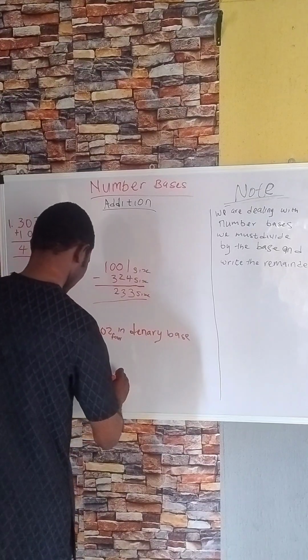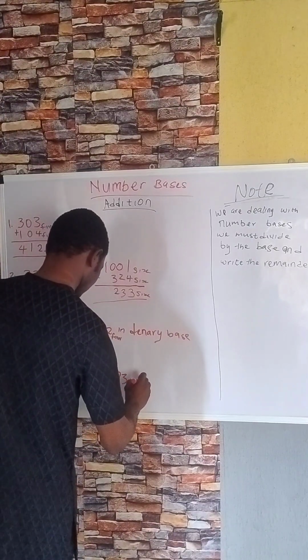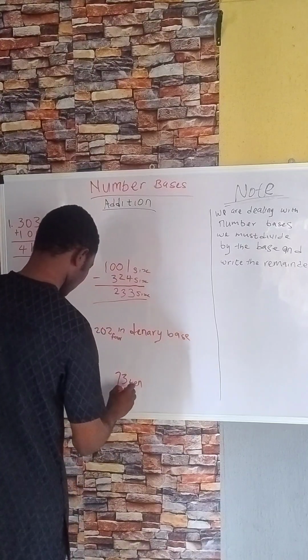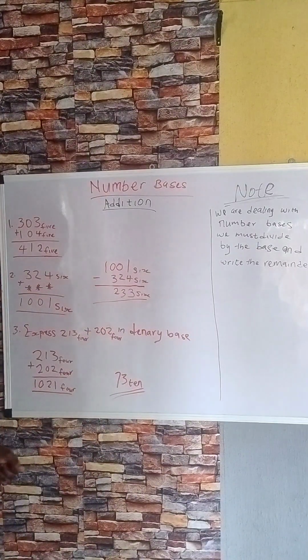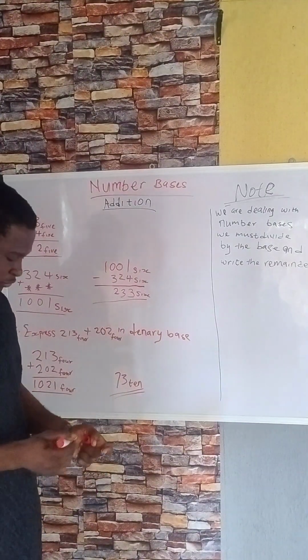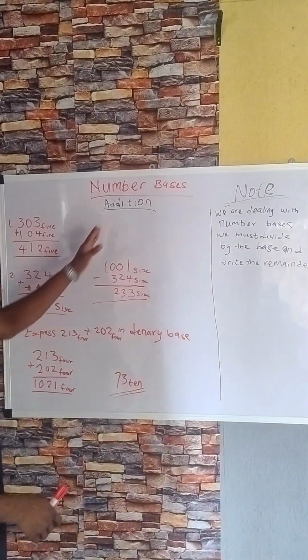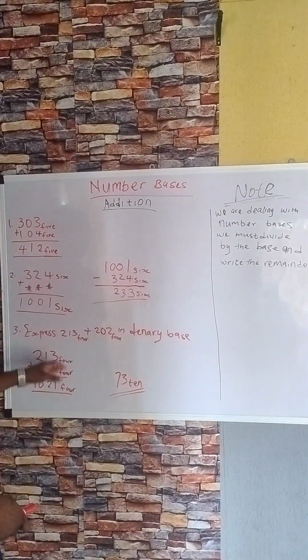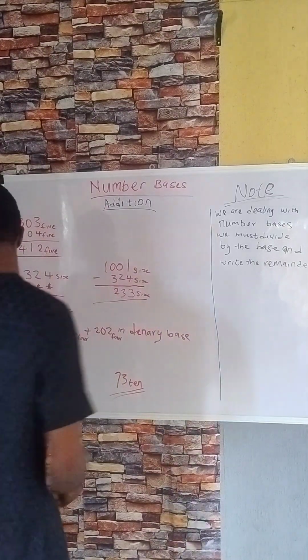The answer should be 73 base 10. So this is the final answer for this number 3. I did this in this simple way for the benefit of those who already know how to convert. I do not want to make this video too lengthy because we have a lot to cover. So we move on to subtraction in number bases.